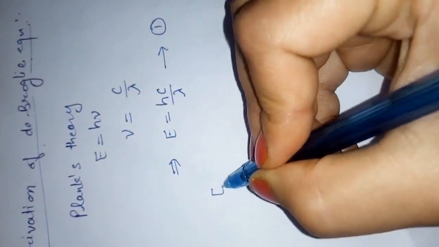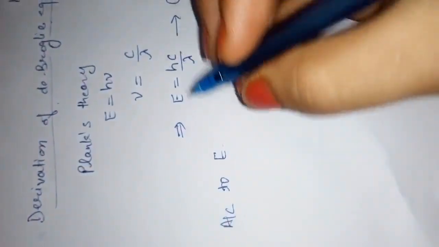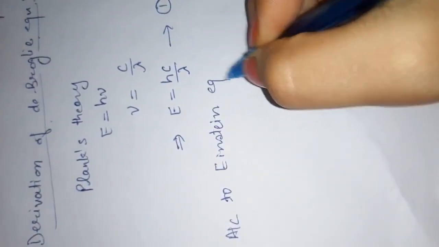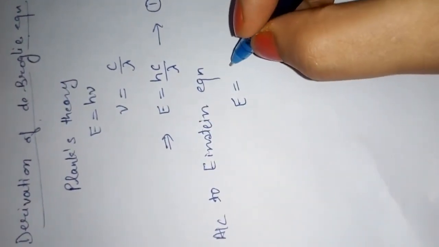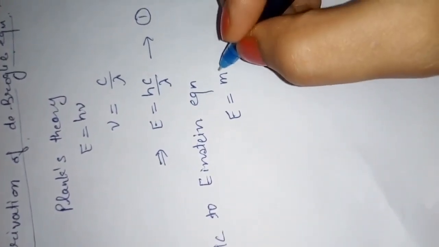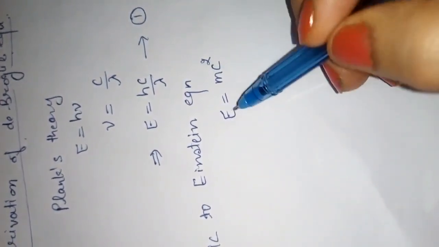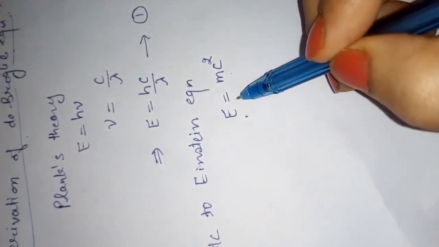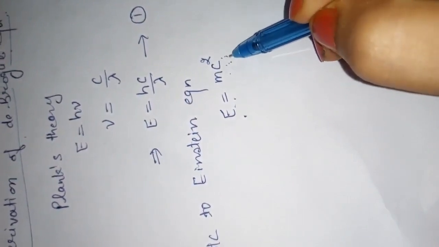According to Einstein's equation, energy is equals to mass times velocity of light square, that is E is equals to mc square. The mass slowly changes to energy when light falls on it.